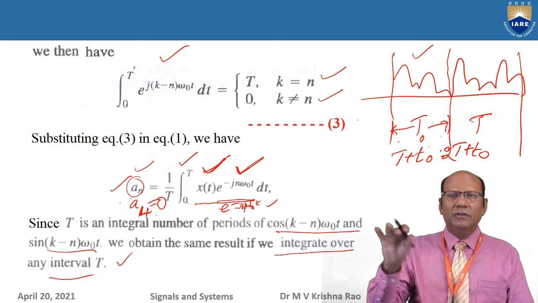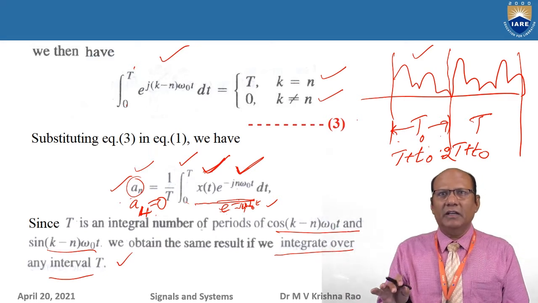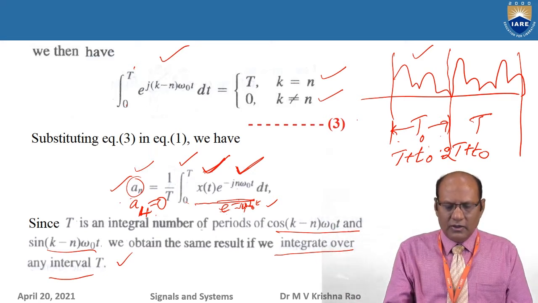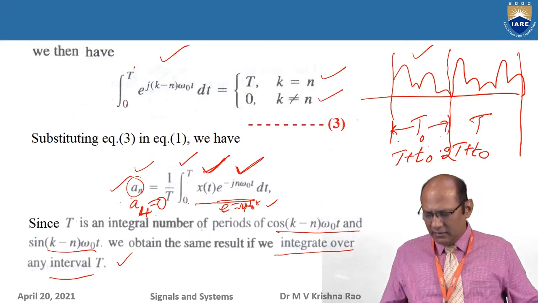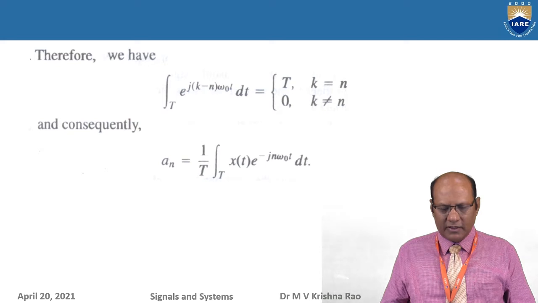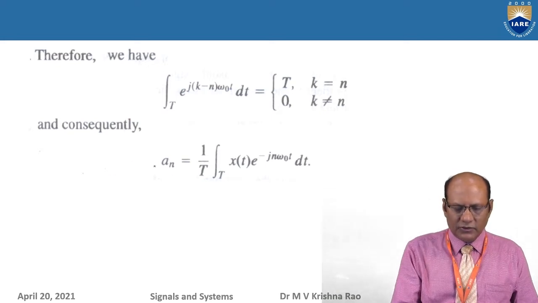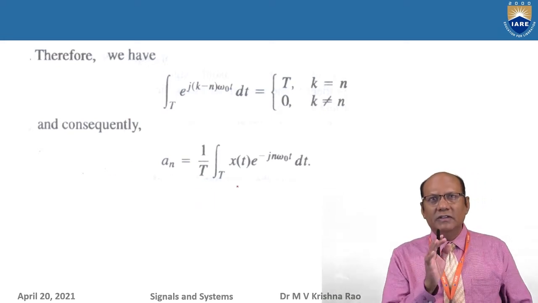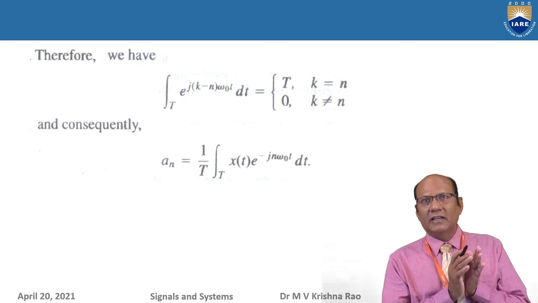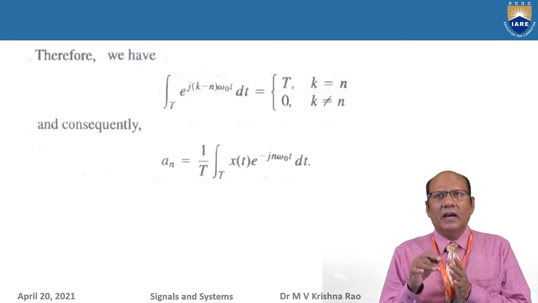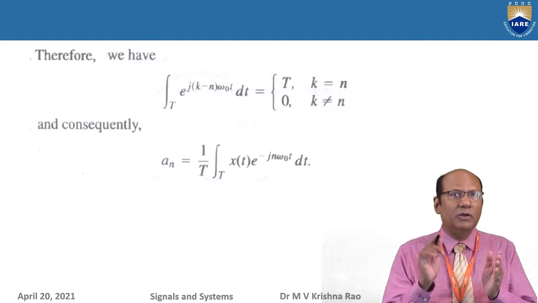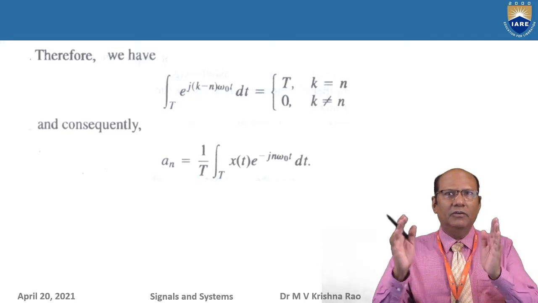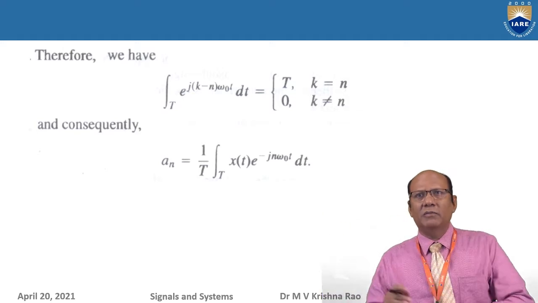Any point you take, you stop after one period. So whether you take the first cycle or a randomly located cycle, it should not matter. You can take an arbitrary starting point, but the duration T should be equal to the cycle period.